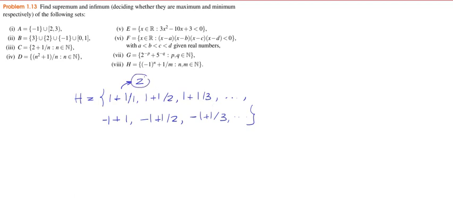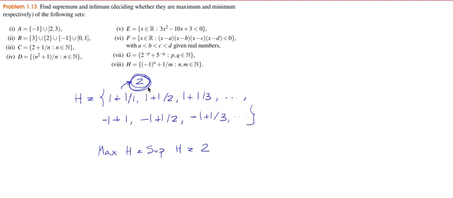So the greatest number here is clearly 2, which is the maximum of H, and again the supremum of H is 2. And then the minimum here, you have 0.